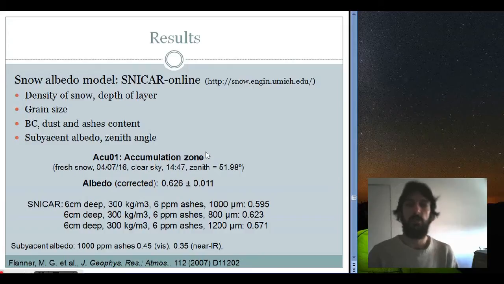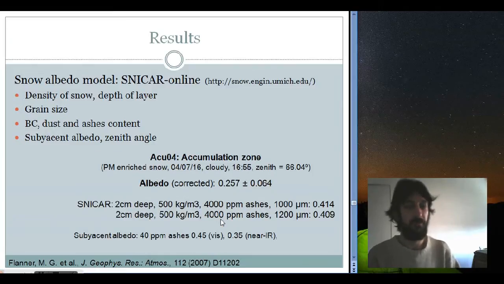So for the fresh snow, or almost fresh snow, for the first site, we see there's a very good comparison of the simulated albedo and measured albedo, and the uncertainty is mainly on the size of the grain of snow. But for the other site, the comparison is not so good. We get much smaller albedo, but it's not as good a comparison, right?